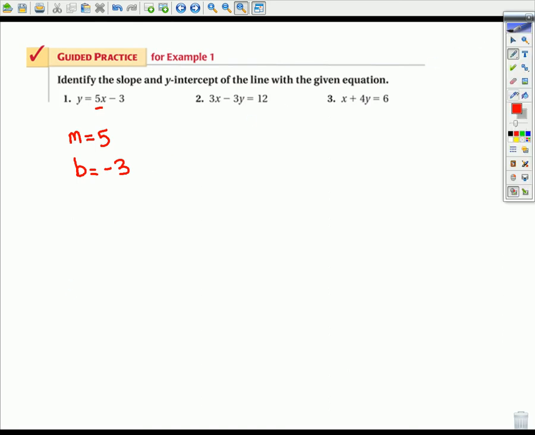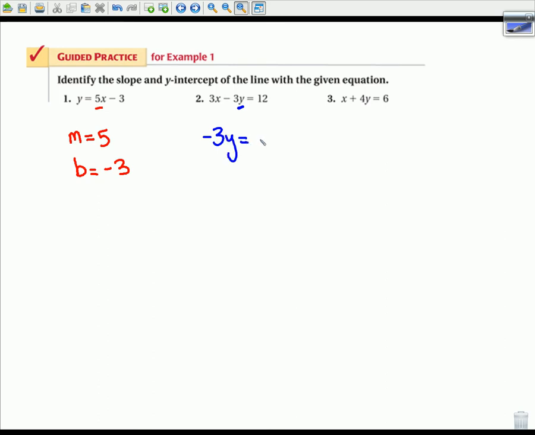Now problem 2, we have to go ahead and solve this equation for the y. So the first thing I'm going to do is subtract 3x from both sides. So I have -3y equals the -3x plus 12. Now I divide every term by the -3 and simplify.